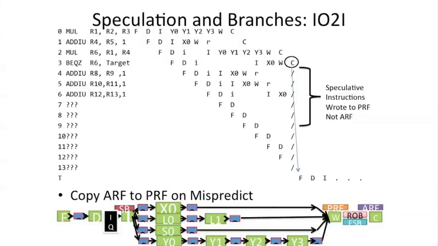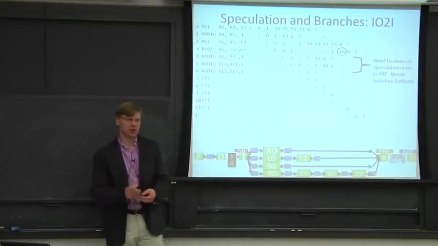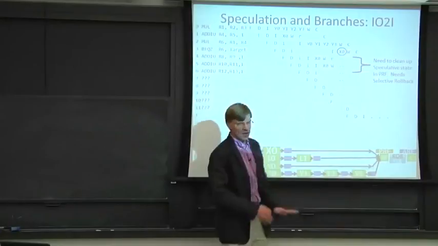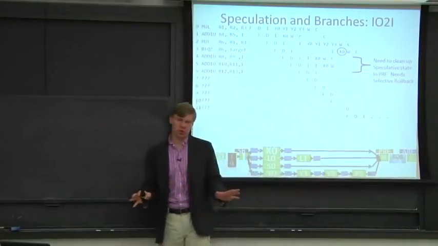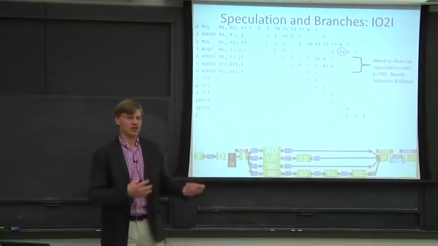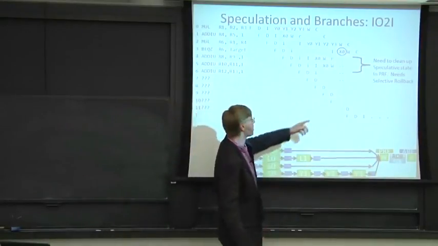OK, so this actually goes back to the question we had last time of how easy is it to go clean up the reorder buffer, and how easy is it to go clean up the physical register file. So let's take a look at this example here. Now, having said that, this is all doable. People have built pipelines where they actually do go clean up all these in-flight instructions. But let's look at the complexity of that.